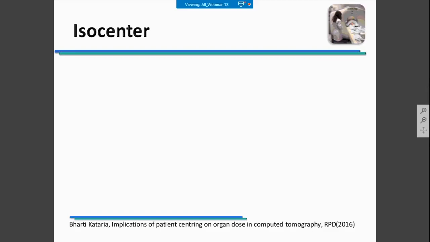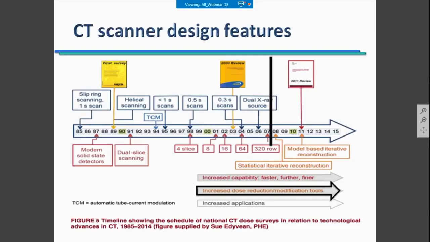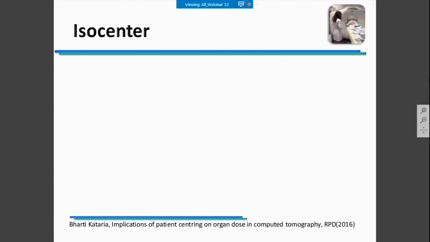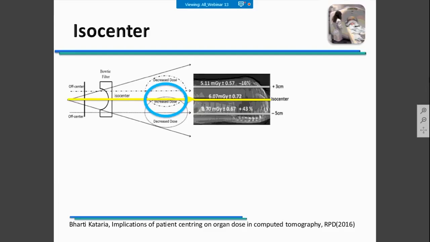Independently of the type of scanner that you have, you could use different optimization tools that are available in all the scanners. For example, the ISO center. ISO center is quite obvious. Of course, you need to put the patient at the center of the gantry.